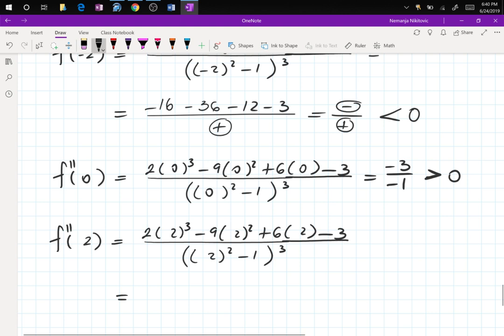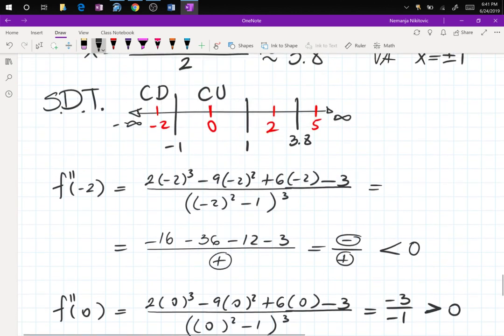So now that's 2 cubed is 8 times 2 is 16 minus 36 plus 12 minus 3, divided by a positive number. That's negative 20, negative 8, negative 5, negative over positive is less than 0, concave down.